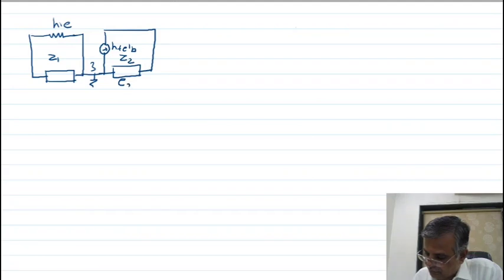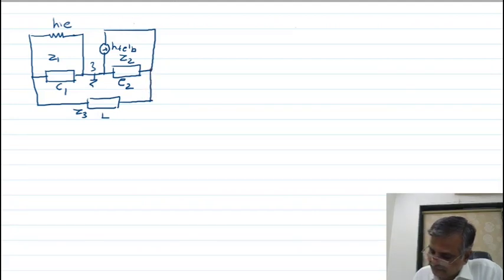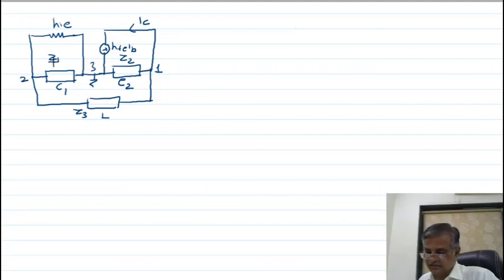This is your C2, this is your C1, and this is your Z3, which is an inductor L. This is the collector current IC. This is the same circuit we used in the Hartley oscillator. The only change is that in the Hartley oscillator Z1 is L1, Z2 is L2 and Z3 is C. Here Z1 is C1, Z2 is C2 and Z3 is L.